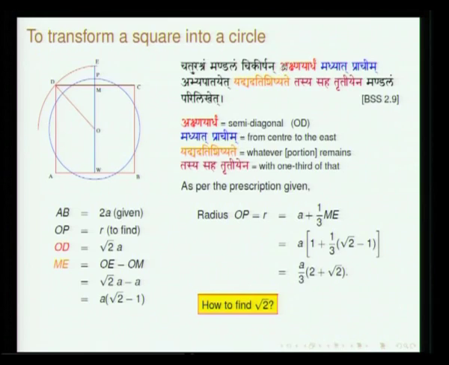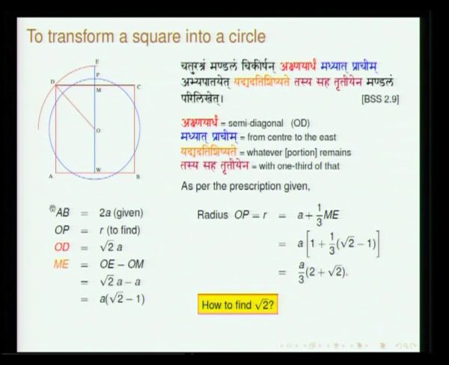So, what is to be done? He says akshnayardham madhyat prachim abhyapatayet. Akshnaya, as I was repeatedly telling, is the diagonal line. Akshnayardham means half of it. Let us look into this diagram ABCD. This is the square and I want to get a circle whose area will be more or less the same as this square.